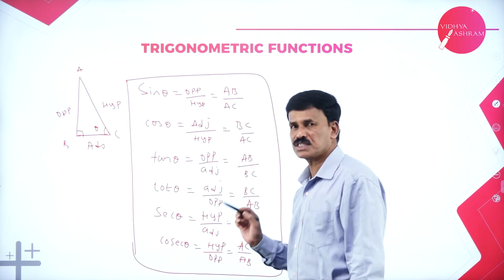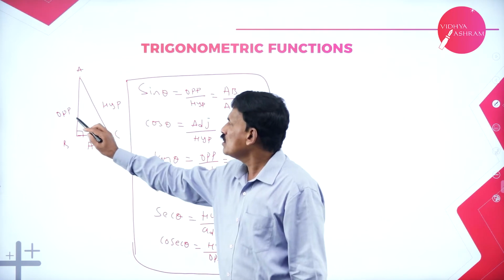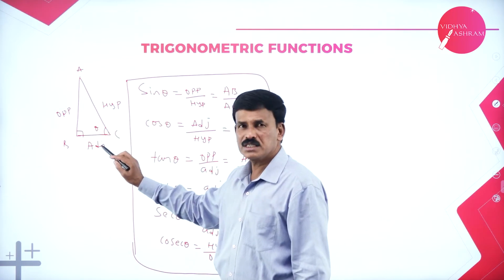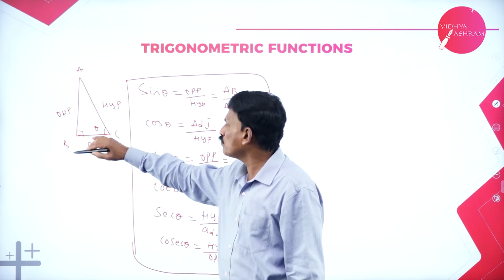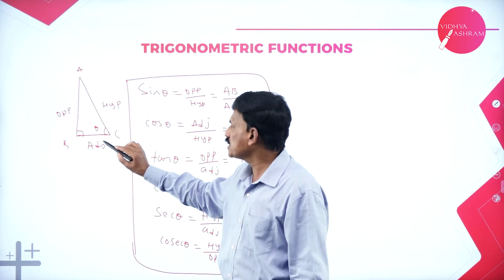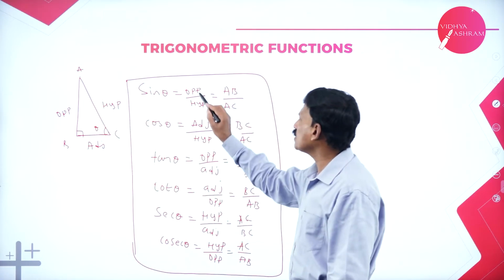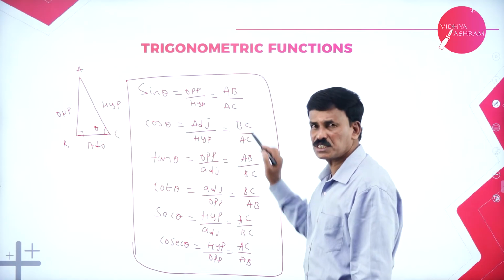So once you know sine and cos, what is sine theta? Opposite by hypotenuse. For cos there is no opposite, only adjacent. Cos theta is adjacent by hypotenuse.